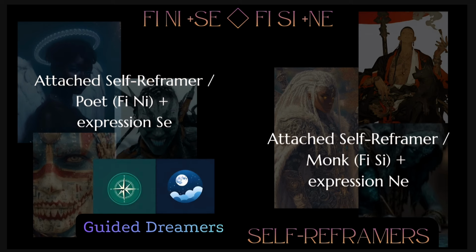The monk is a little bit more open, loose with their form of guided dreaming. And I just think that there's a clear difference between the two in regards to their perception functions. And it really does show based on how they express to the world. So that NE, it being loose, is going to be an extended form of dreaming or imagination for the monk, which is going to very much loosen them up.